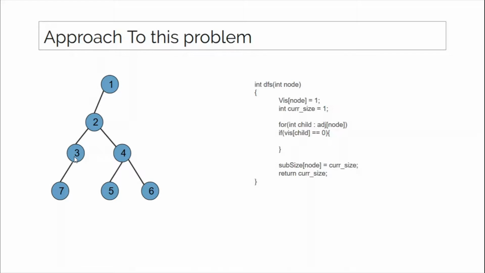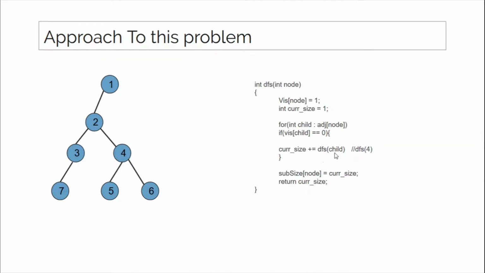So we would simply make a DFS call to that child, in this case 3. So DFS of 3 would return the subtree size of 3, so we would add it into the current subtree size of node 2. After that, in the adjacency list of 2 there is 4, so we would make a DFS call to node 4 as well.